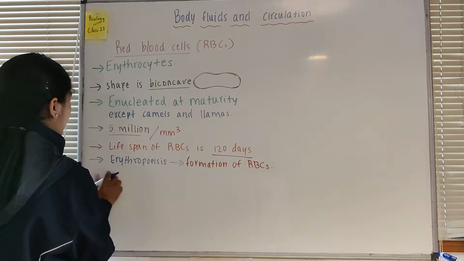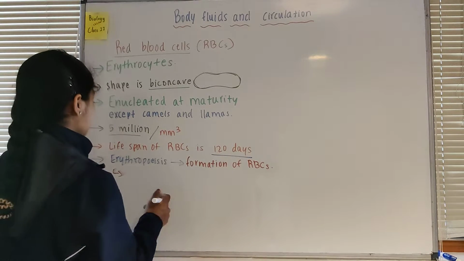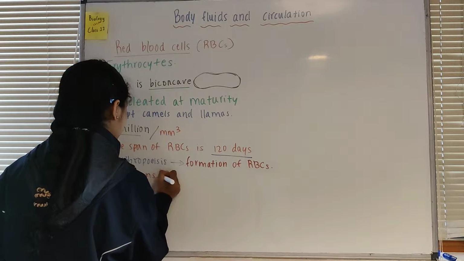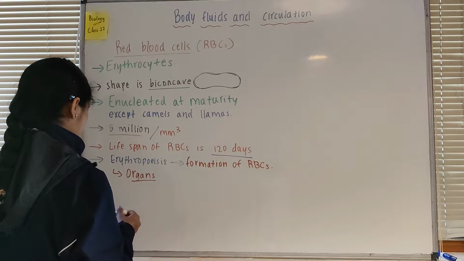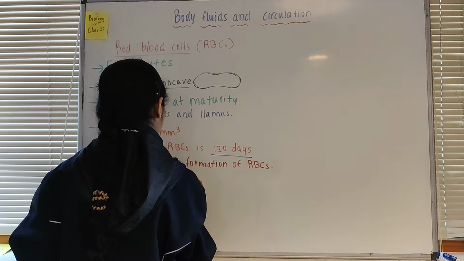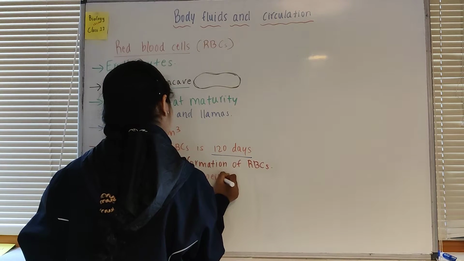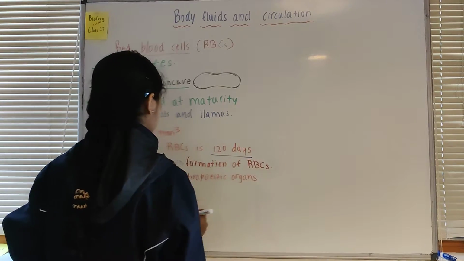Now, the organs that help in the process of erythropoiesis are known as erythropoietic organs.